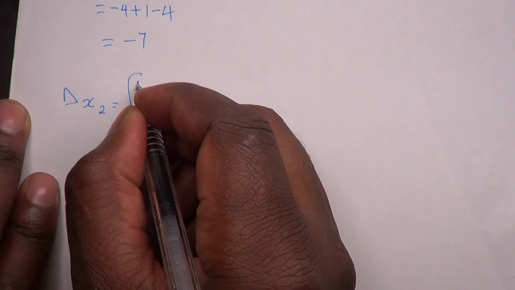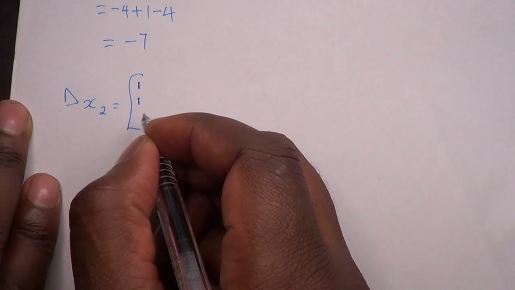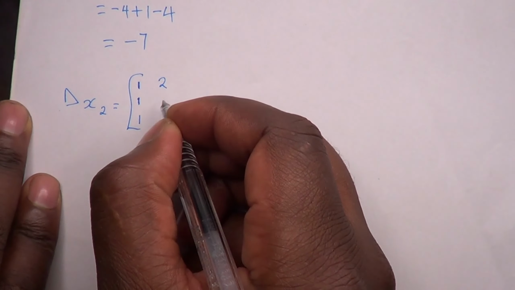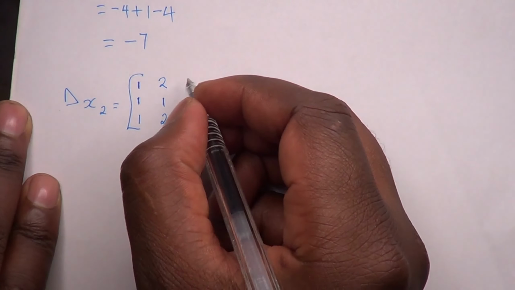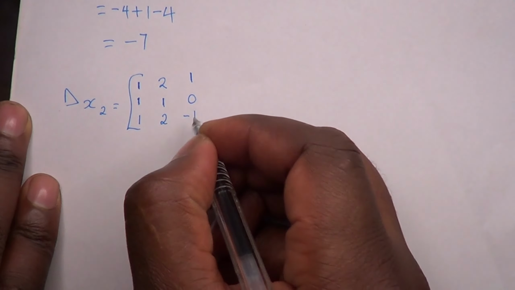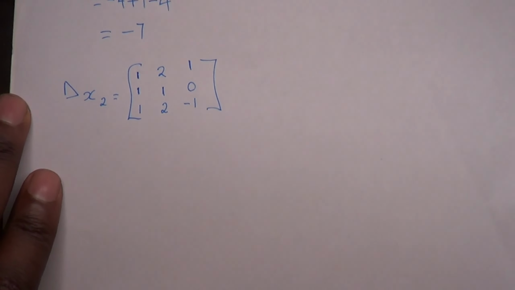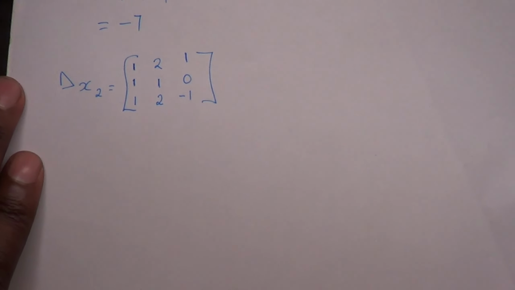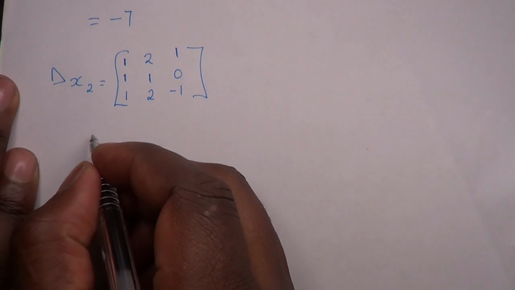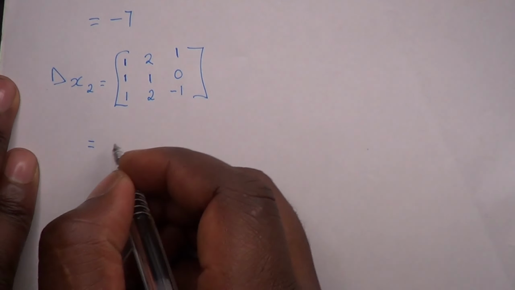Okay, then the next step, you need to find the determinant of x2. Determinant of x2, remember it was 1, 1, 1, 2, 1, 2, 1, 0, negative 1. Now, we need to find the determinant of that number. Okay, the determinant of this number here, it is going to be what?